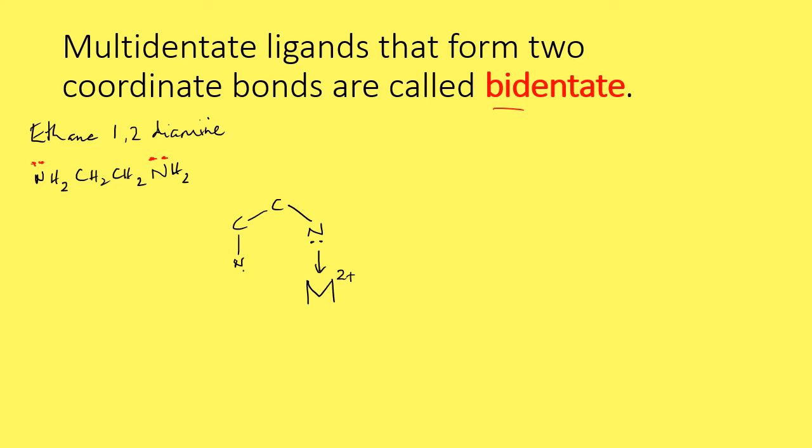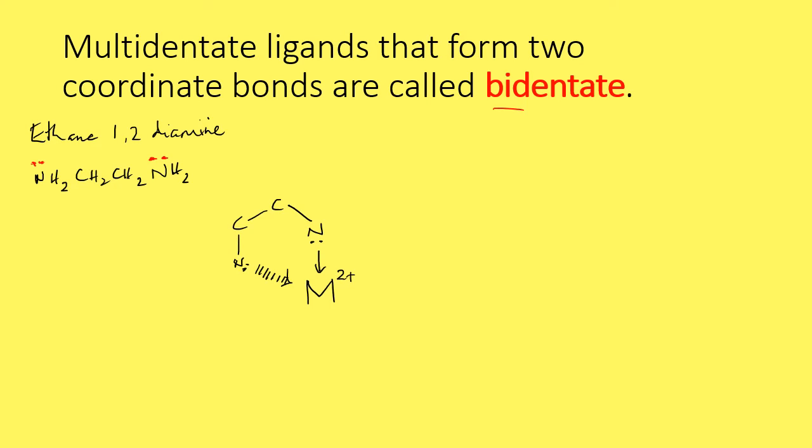So the lone pair on the second nitrogen is going to come from behind, so we're going to draw a coordinate bond with a hash line like that. So that molecule is going back, and then the coordinate bond is coming back from behind towards the metal ion, and we can draw another ethane diamine molecule from below.